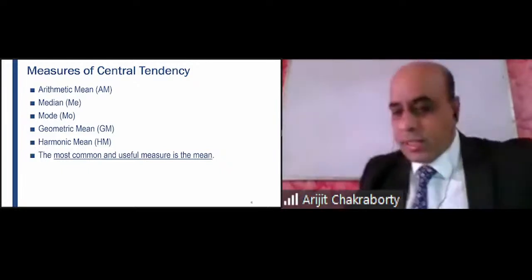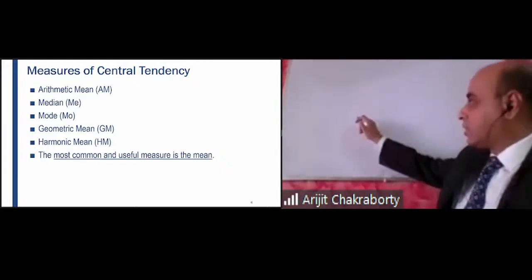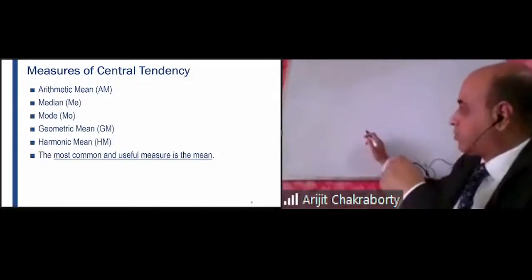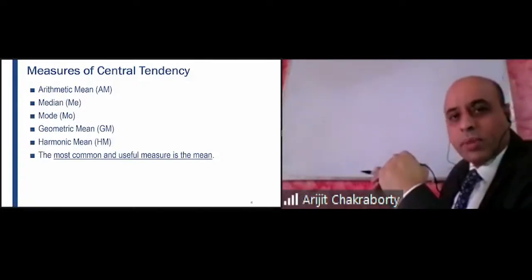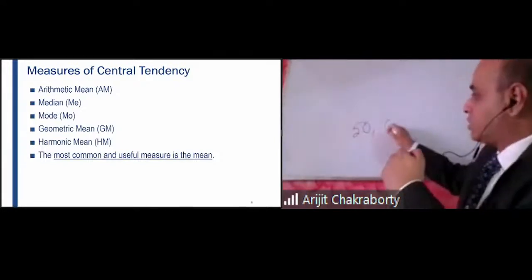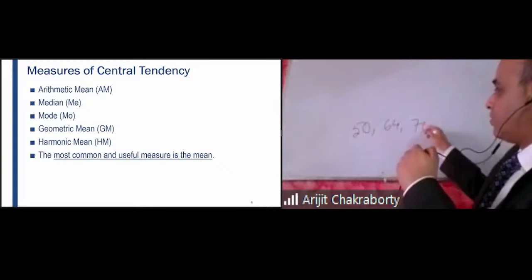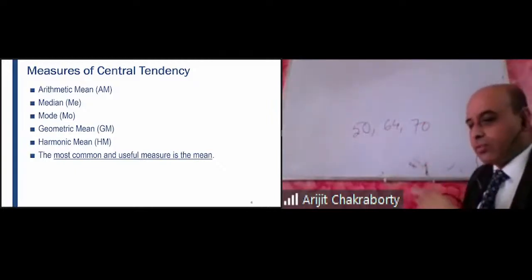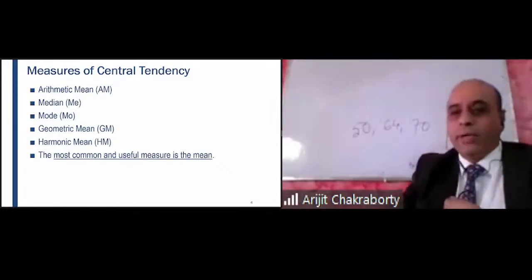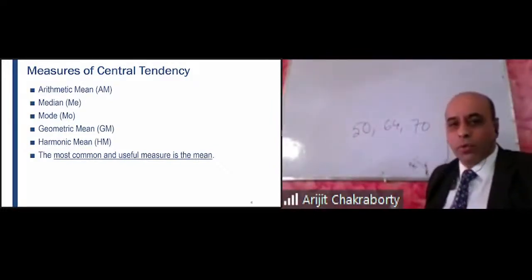So if I take an example, say some people have got some marks, and the scores are like this: 50, 64, and 70. Now we want to know what is the average performance, what is the average score.